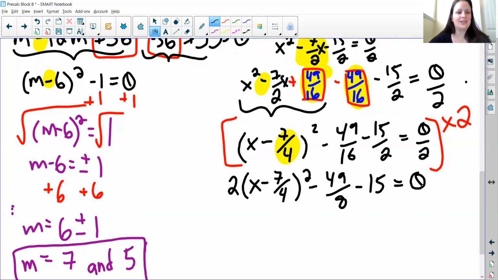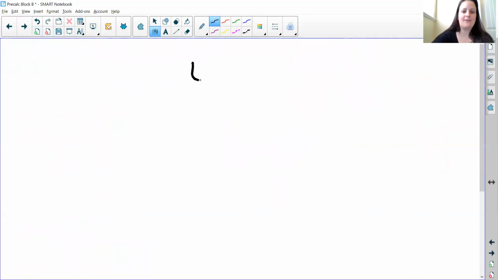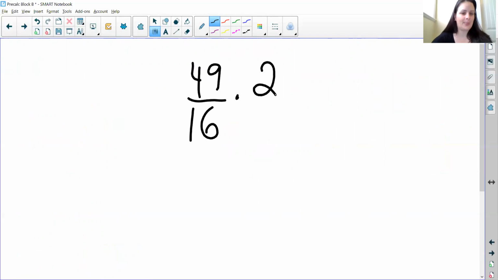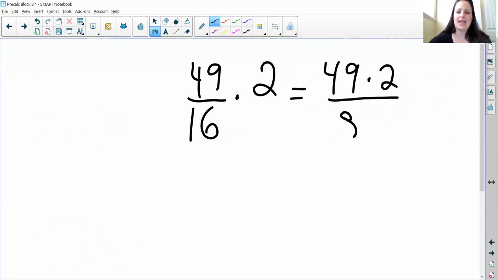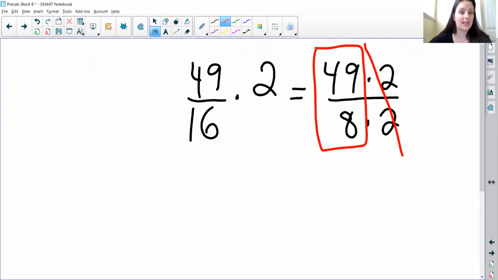Okay. I'm just going to do an aside to explain why 49 over 16 times 2 is 49 over 8. So we have 49 over 16, and we multiplied it by 2. There's more than one way you can look at it, but how I look at it is this is the same thing as 49 times 2 over 8 times 2. That cancels out and leaves you with 49 over 8.